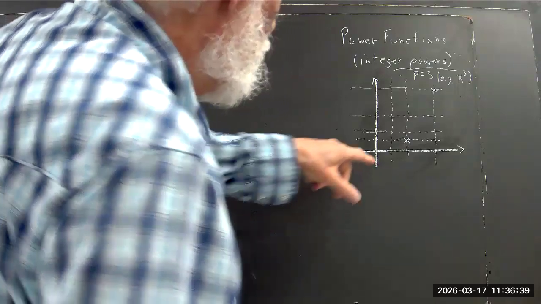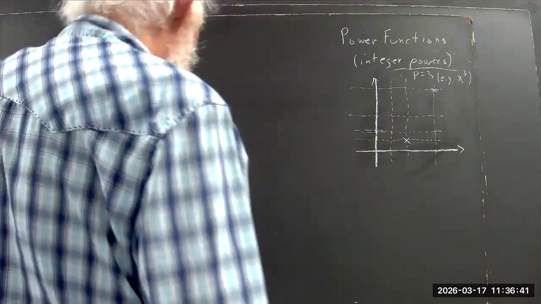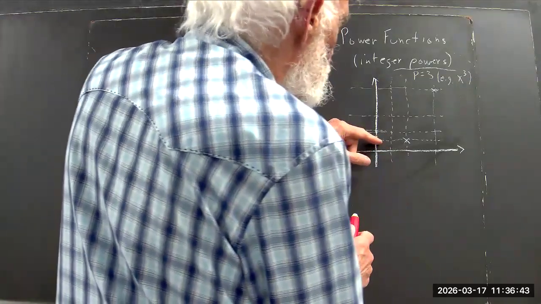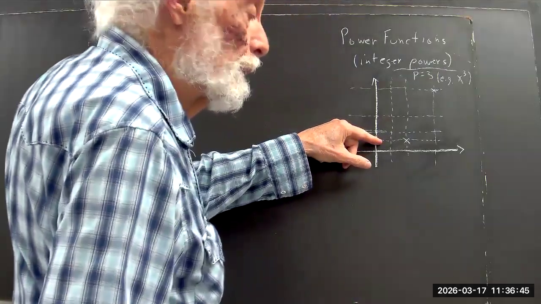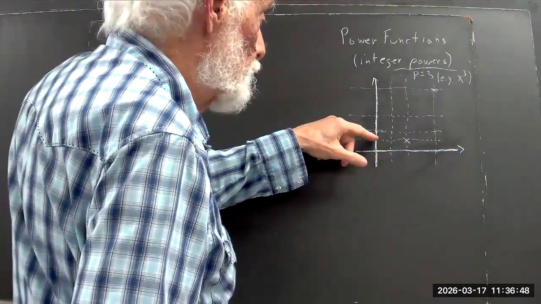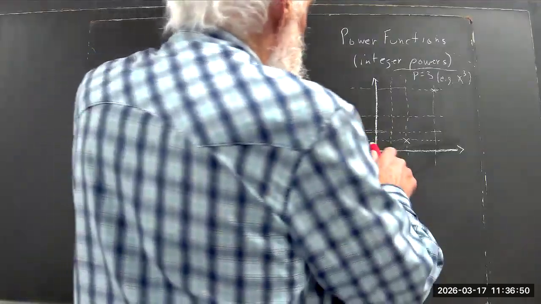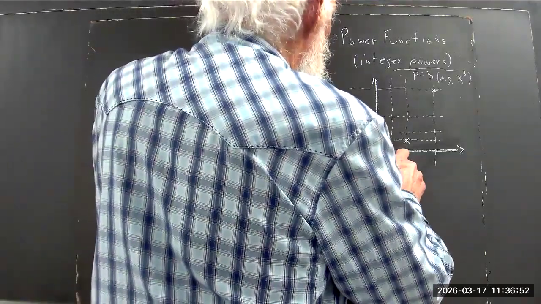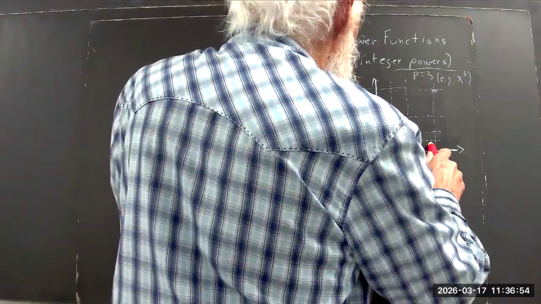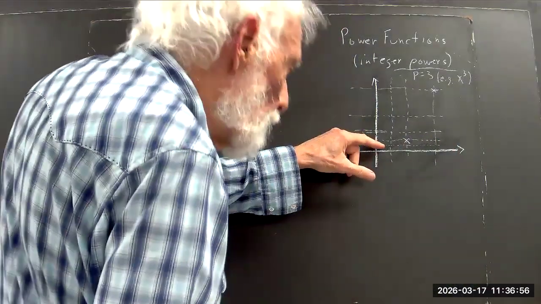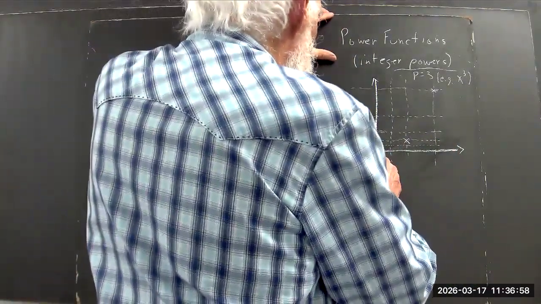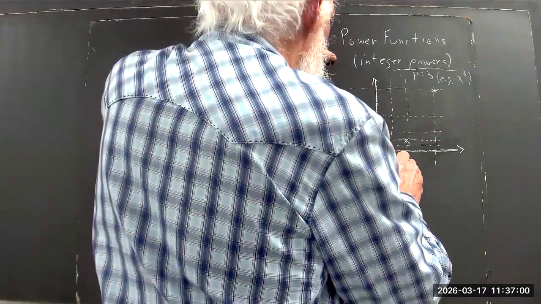And now to get the point on this line, I have to go halfway from the lowest line that I've already drawn, the one I just drew the X through, to the x-axis. That'll be about here. Halfway from that to the x-axis. It's getting hard to squeeze that in.